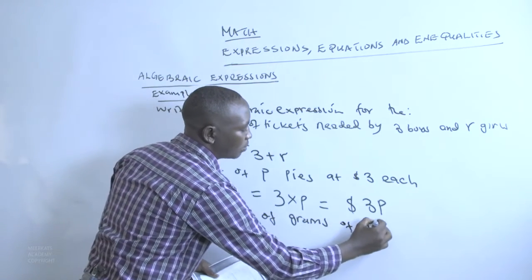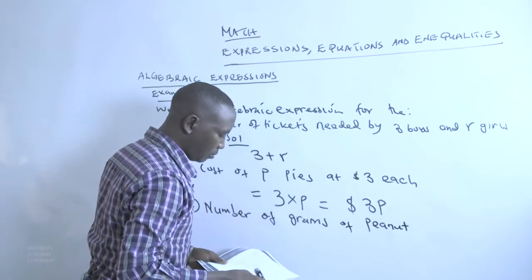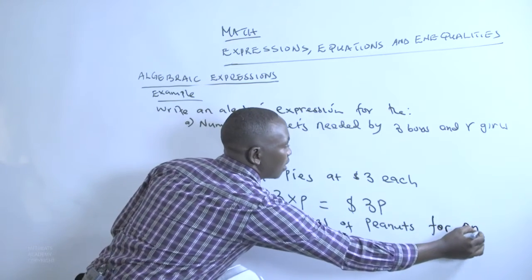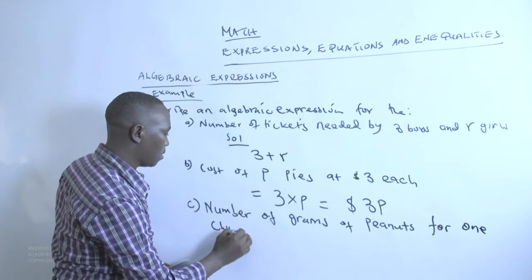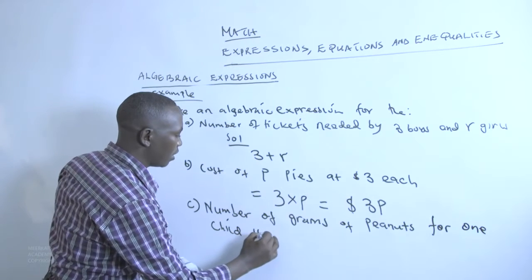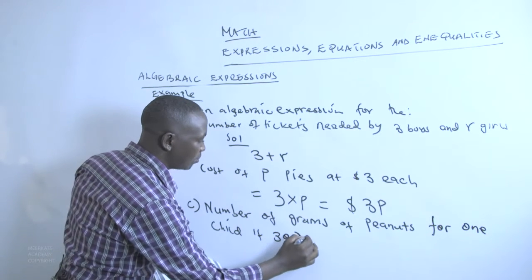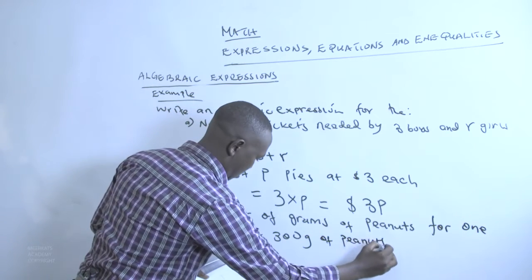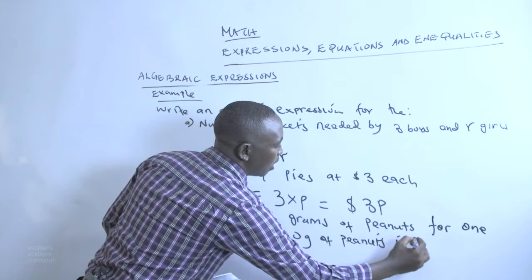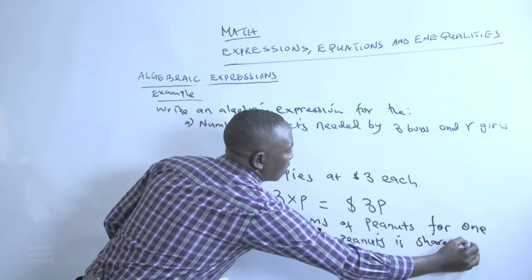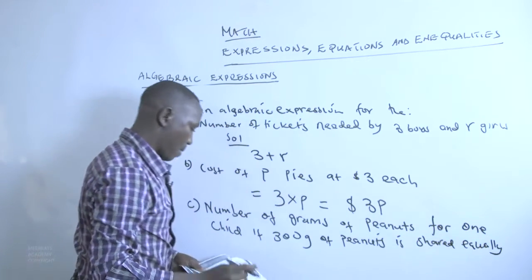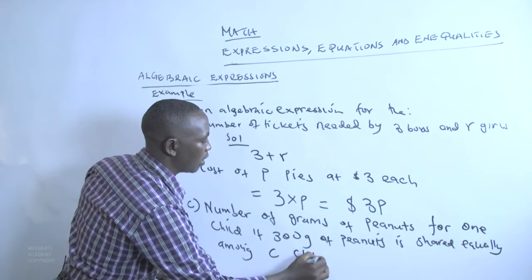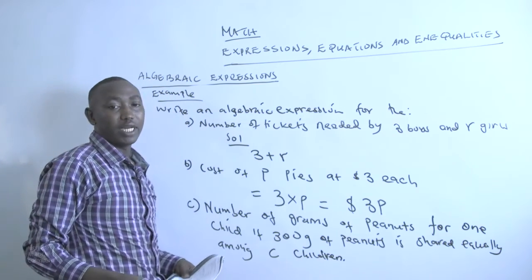Number of grams of peanuts for 1 child if 300 grams of peanuts is shared equally among c children.